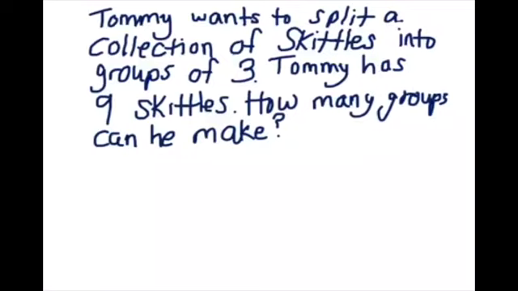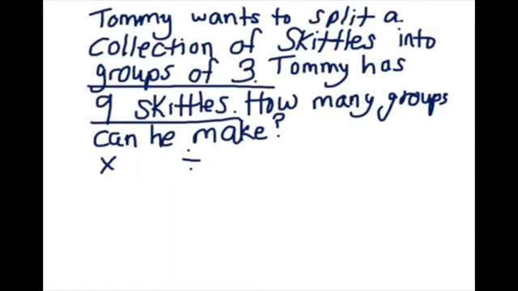All right, so remember with this problem, I am going to see after reading the problem, will I be multiplying or will I be dividing? Let's see. Tommy wants to split a collection of Skittles into groups of 3. Okay, groups of 3, that is important, so I will underline that. Tommy has 9 Skittles.